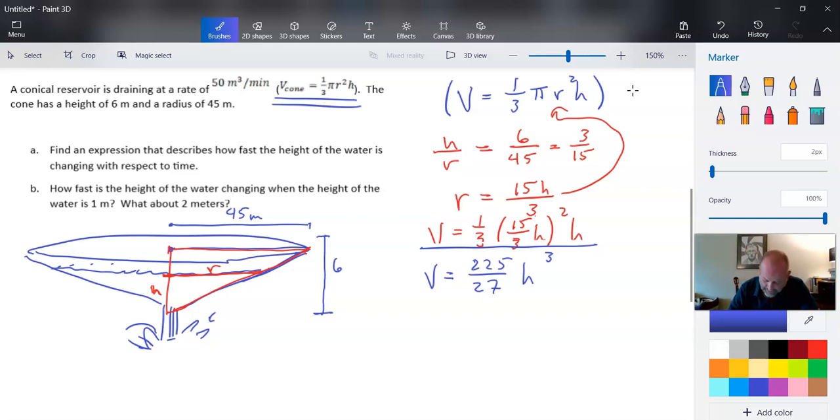Okay, so we have this now. Actually, I think we can simplify that down. There should be a 3 in there, so it should be 75 over 9, or 25 over 3. Okay, so we can go down to 25 over 3.